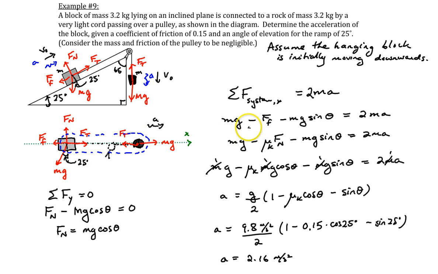So you would have mg plus the force of friction minus mg sine theta. The only term that would change is there would be a plus here, and I think your final answer would be, in the end, 3.5 meters per second squared. So we could get 3.5 meters per second squared had we assumed an initial velocity in the opposite direction. Okay, and that's it for example number 9.